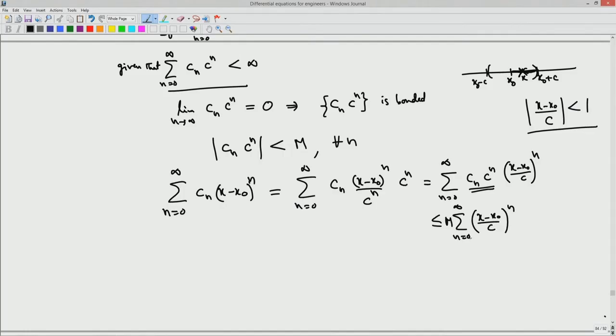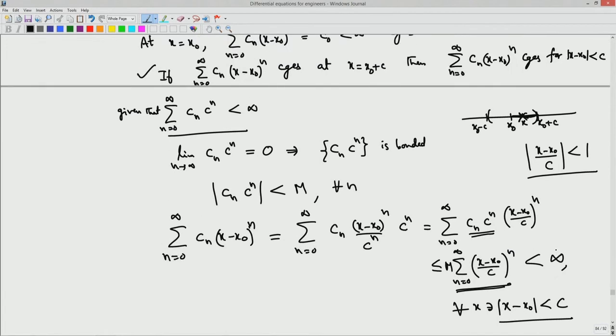Because this is a geometric series with ratio less than 1, it is always finite. So, this implies this is finite. This is true for every x such that mod x minus x naught is less than c. This is how you show that if the power series is converging at x naught plus c, then within this interval it is converging.